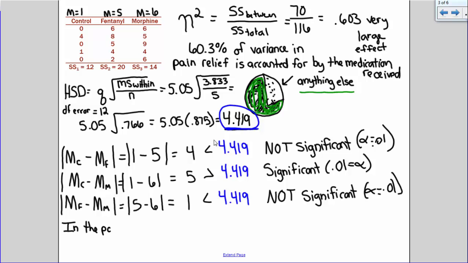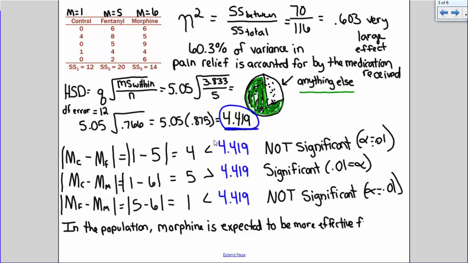In the population, morphine is expected to be more effective for pain relief than no drug at all.